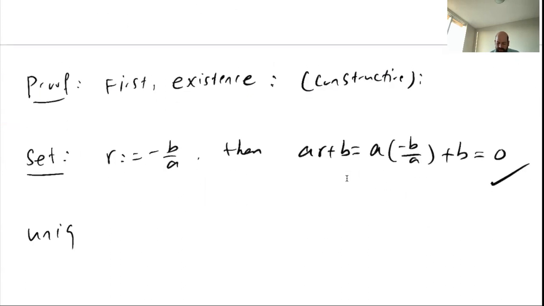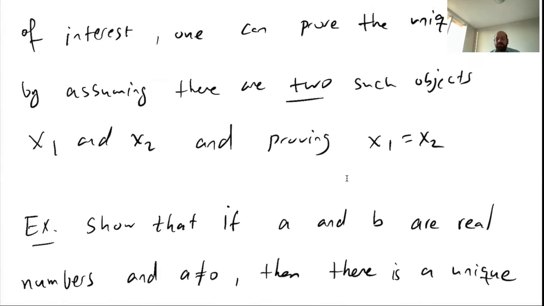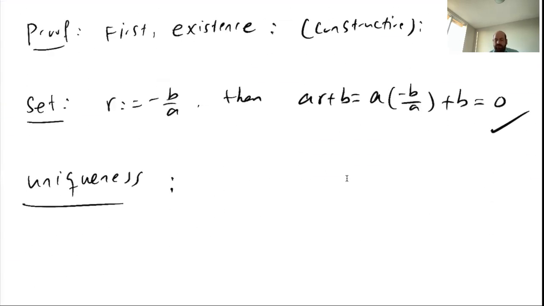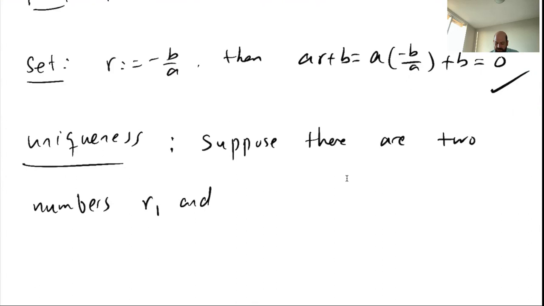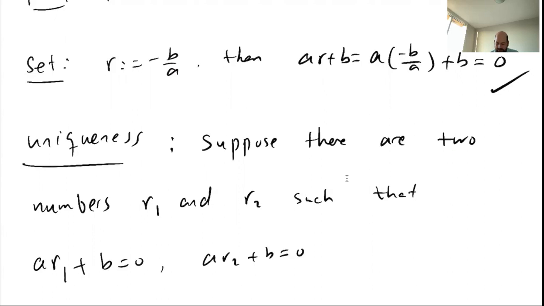And uniqueness. For uniqueness, we said, okay, we can assume that there are two such objects. You can call them x1 and x2, or in this case, because R is used, let's call them R1 and R2, and then show that R1 has to be equal to R2. So suppose there are two numbers R1 and R2 such that AR1 plus B equals 0 and AR2 plus B equals 0.